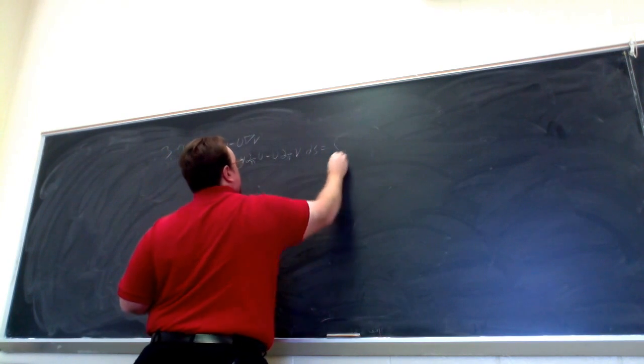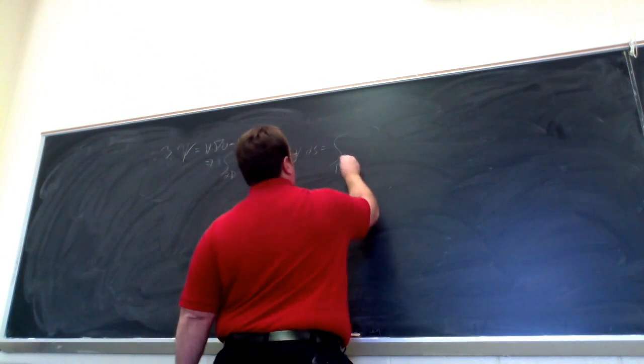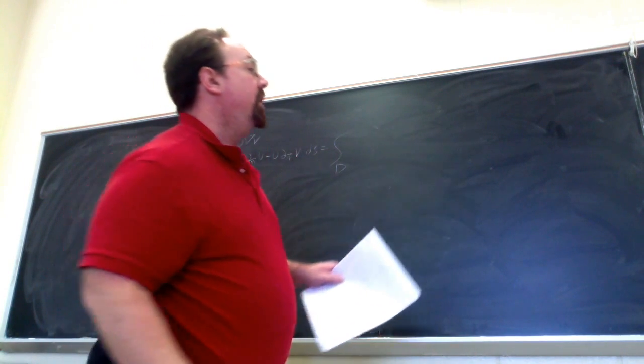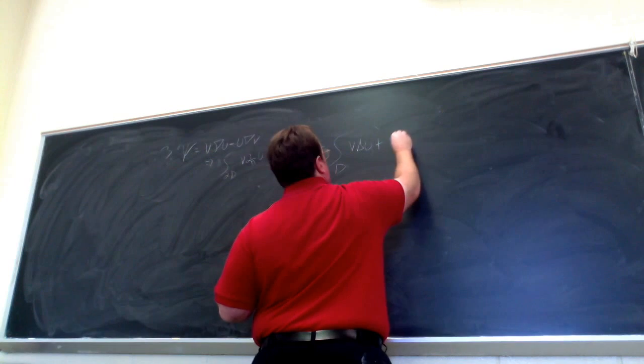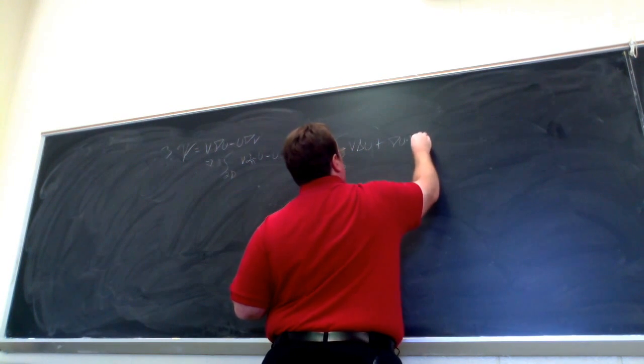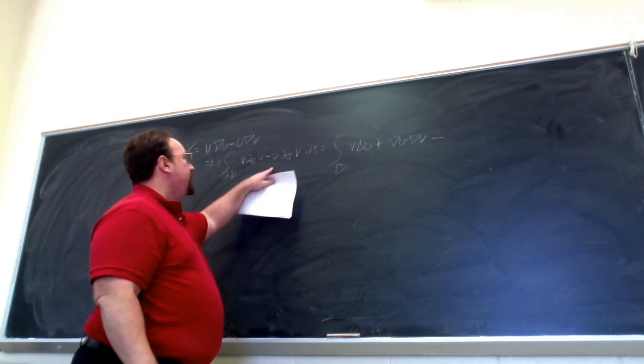ds equals, and then it will be the integral over the interior of what I had before, v Laplacian of u plus gradient of u dot gradient of v, minus what I would get from the second Green's identity for this expression.